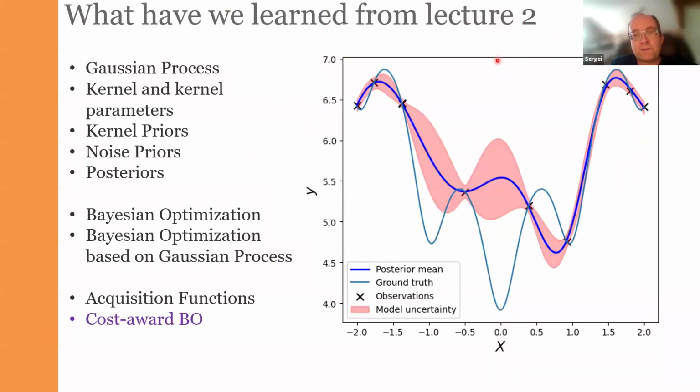From lecture 2, we learned the general principle of the Gaussian process. It's a complicated concept. We can look at it from many different angles, from a very fundamental mathematical perspective, all the way to practical use. This is the method that allows us to interpolate the function and estimate what the uncertainties are.